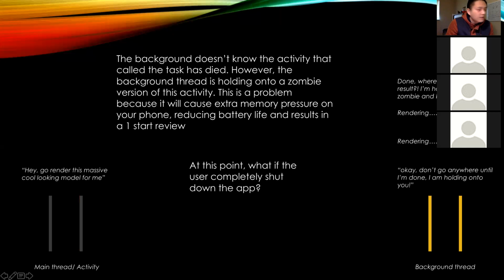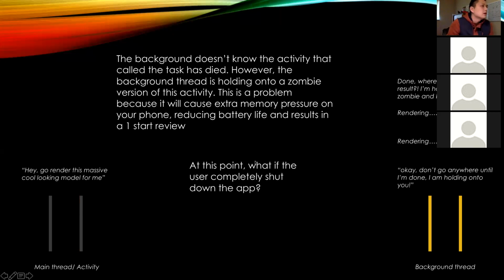The background thread has a strong reference to the main thread. Therefore, this thing isn't going to be garbage collected, which means you're going to build up a lot of memory pressure on the user's phone, and the OS in the background will terminate your application when a certain threshold of that pressure is met, right?